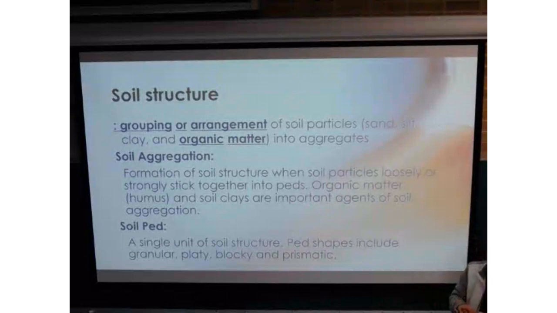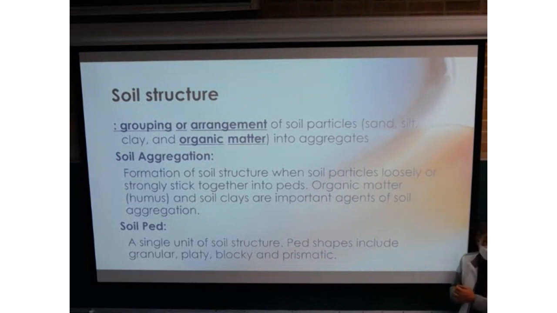Whenever we break the soil, the broken pieces of the soil sample may have the shape of blocky, angular blocky, or rectangular blocky, or prismatic types. We see that kind of pattern and say, oh, that is blocky or angular blocky or prismatic.